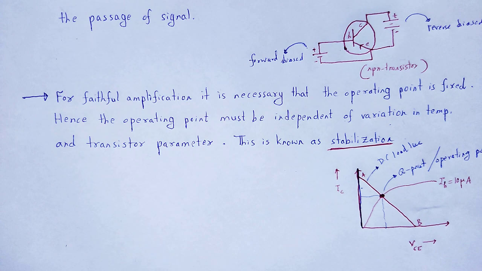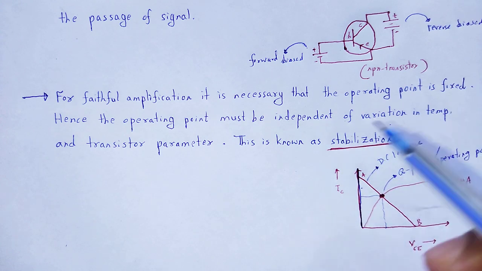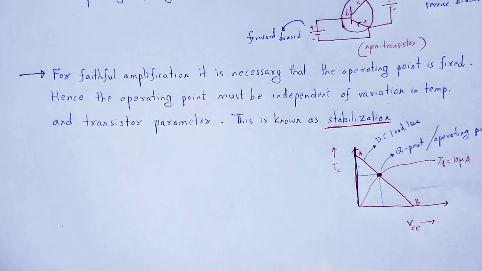We can analyze that point. If the Q point is fixed, then it is called stabilization, and the Q point is affected by two or three factors, that is variation in temperature, transistor parameters, or thermal runaway.